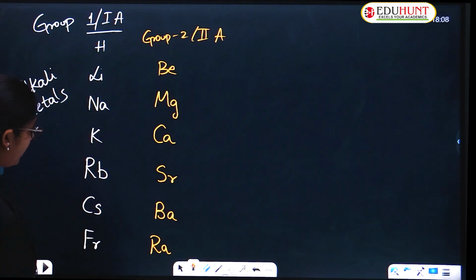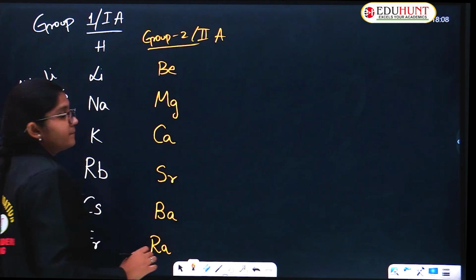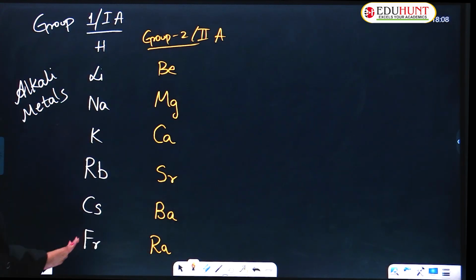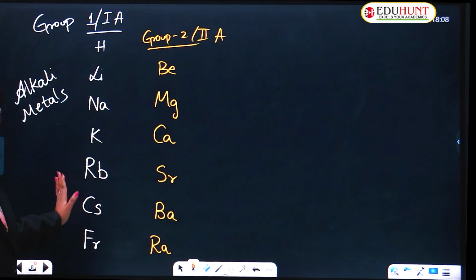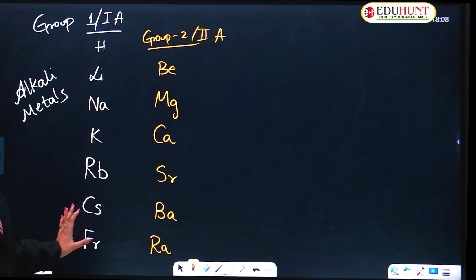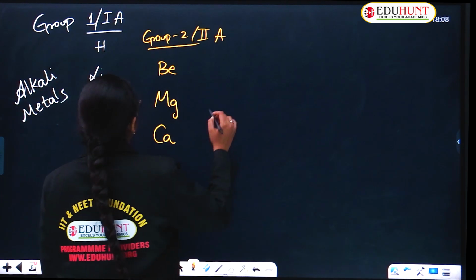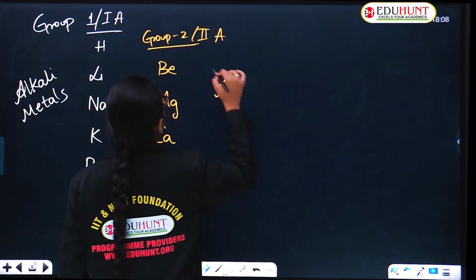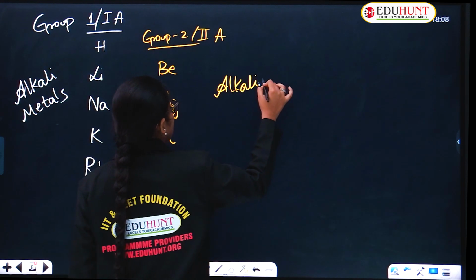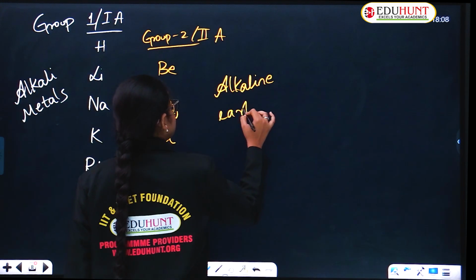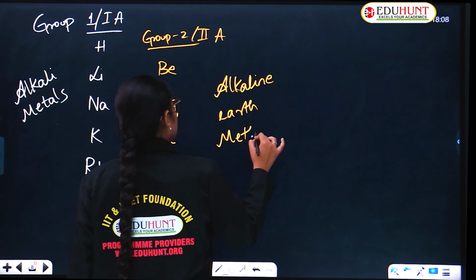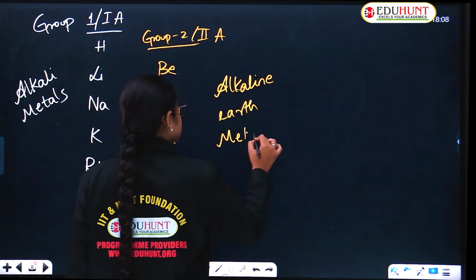So these are the group 2 elements. Comparatively, all these have strong metal hydroxides. These are named group 2, children. These are called alkaline earth metals.